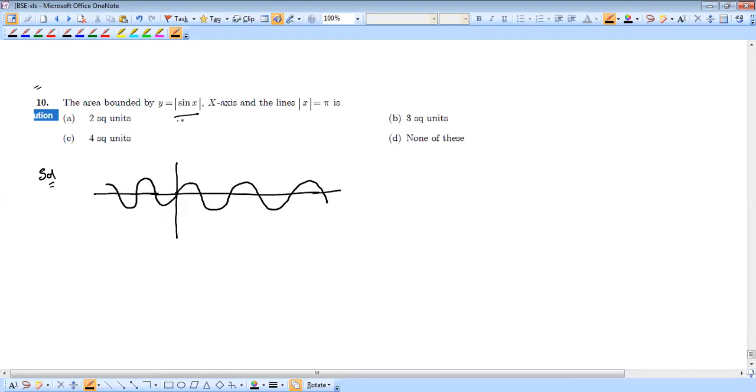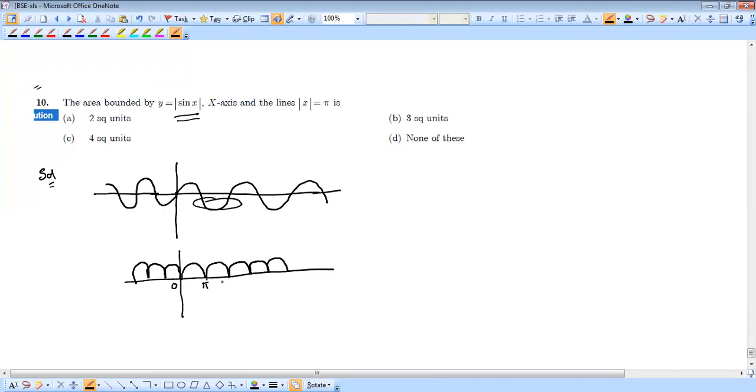But when it is given modulus sin x, there will be no bottom part. So this whole part will be reflected up, from here to here, and this part will not go down. So it will go up, as well as on the left side also.